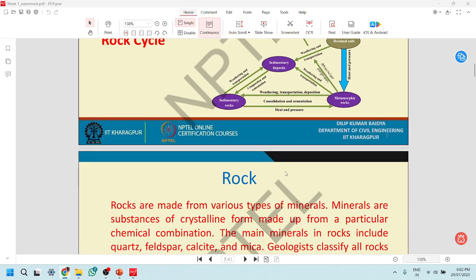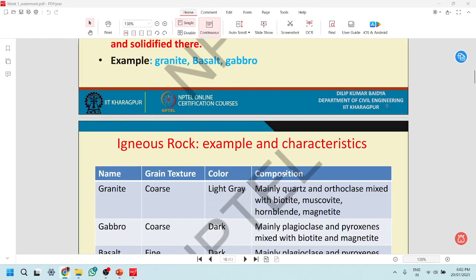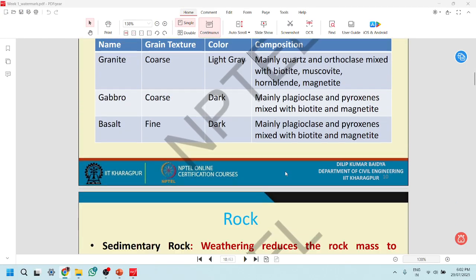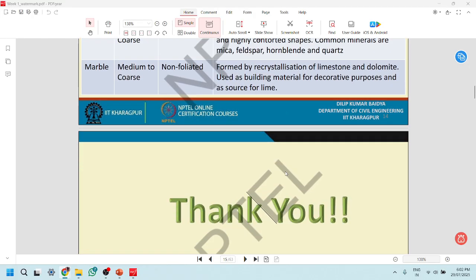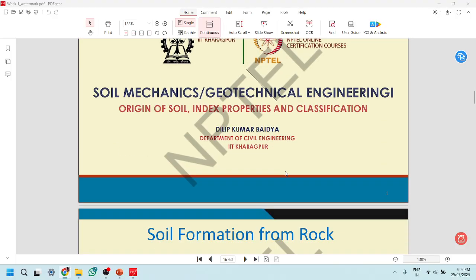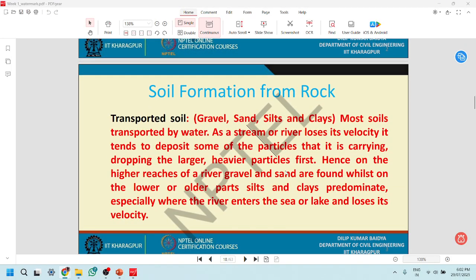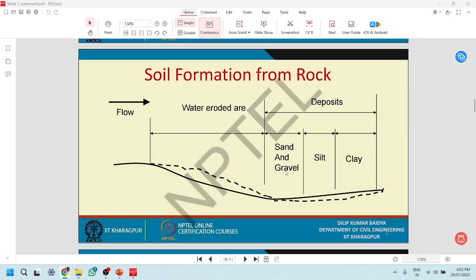So this is the rock cycle. This is what you have covered in this week. Sedimentary rocks, metamorphic rocks, formation of soil from rocks, what is transported soil, and what is residual soil. Residual soil is the soil which is not transported by any transporting agent like wind, water, or gravity.